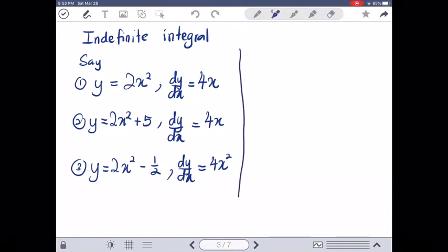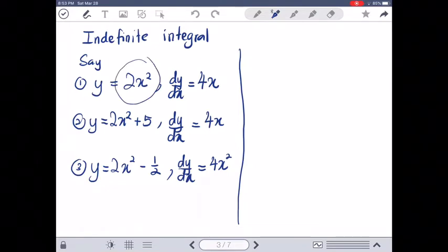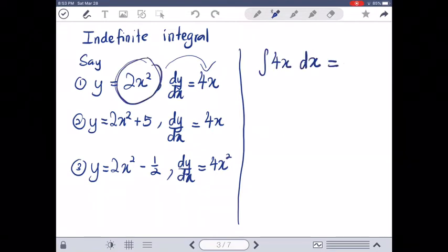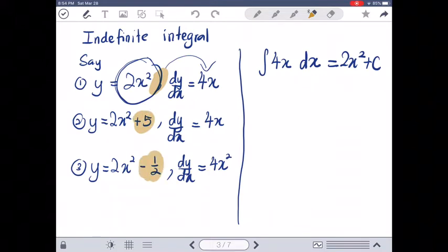Which means that in general, if we differentiate 2x to the power of 2, we will get 4x, which means that if we integrate 4x with respect to x, we should get 2x squared plus c. Because c could be 0, c could be 5, c could be negative 1 over 2.